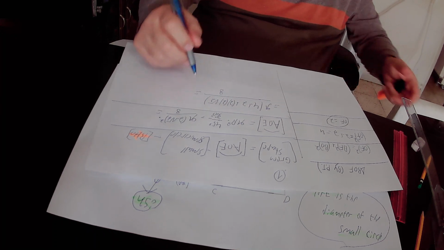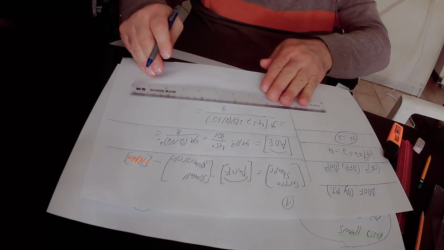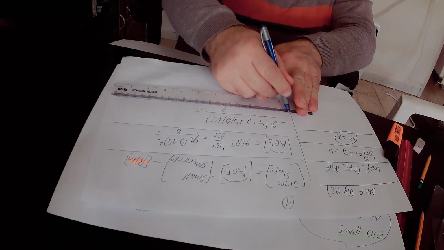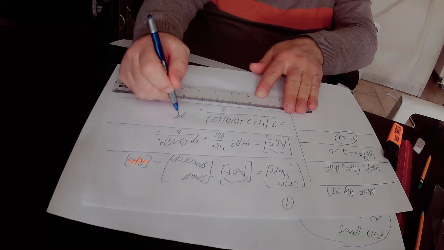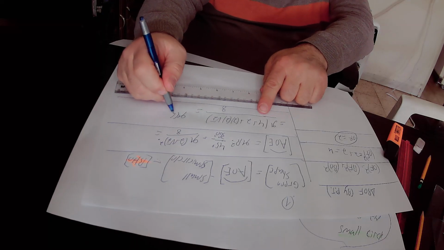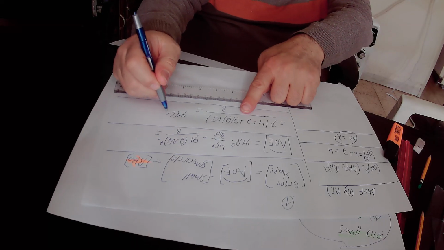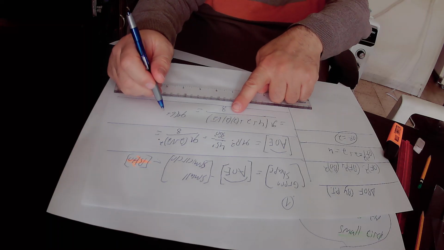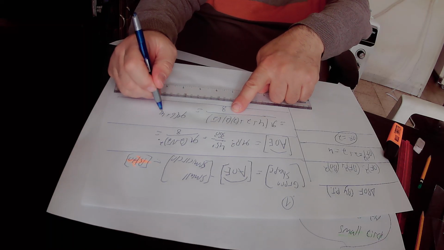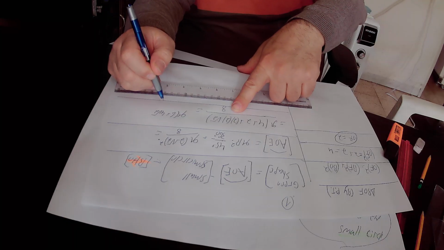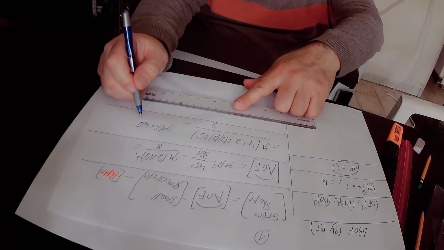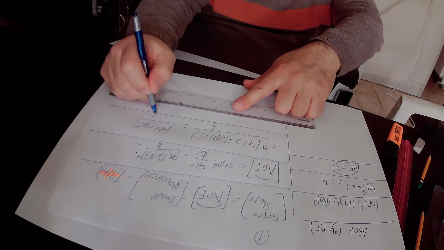So it equals pi, and inside the brackets we have 4 plus 2, that is 6, plus 2 times 2, that is 4 times square root of 2, divided by 8.